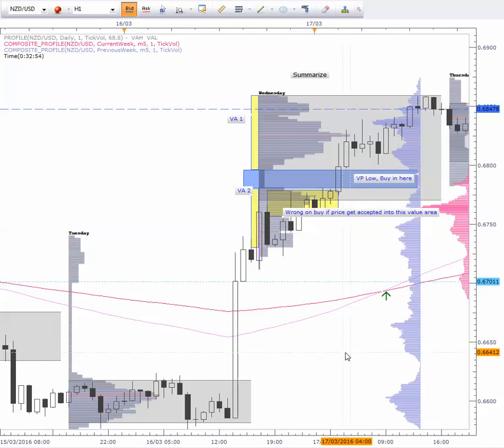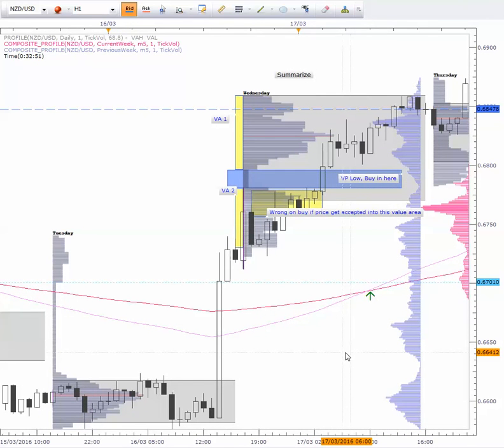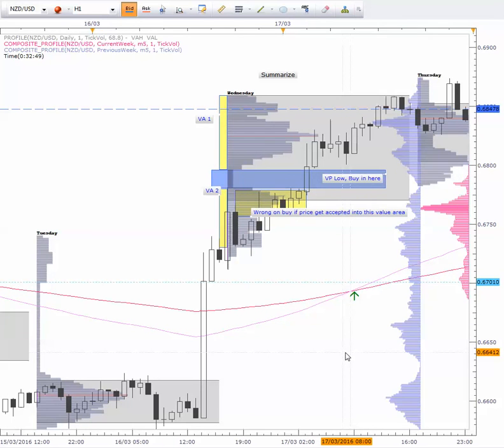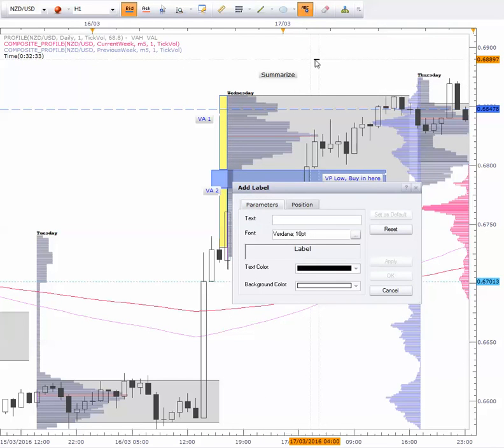So I keep waiting, and I'm waiting, and I'm waiting, and I'm watching price. I cannot be a seller because I don't have a defined high. A defined high will be where volume is low. So here I have no defined high for a sell entry.